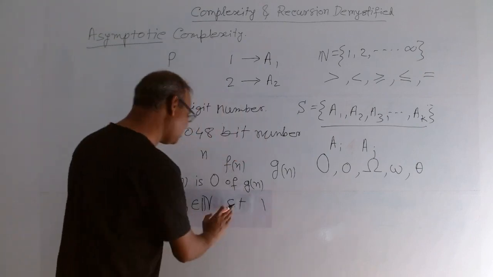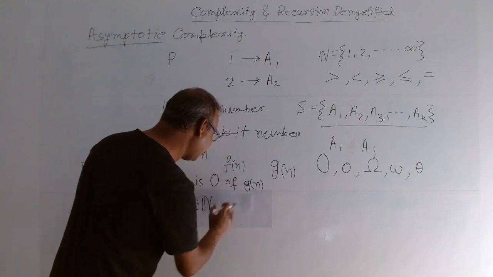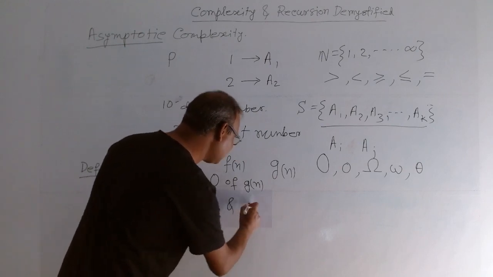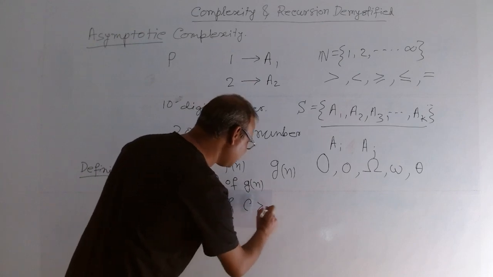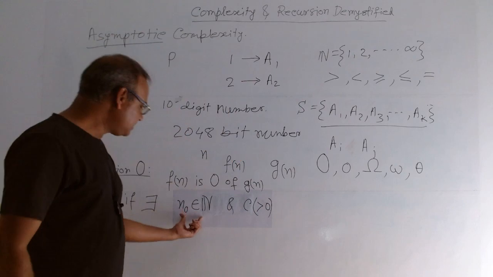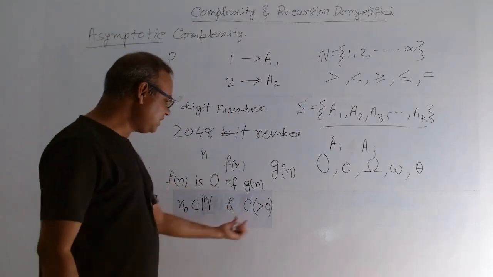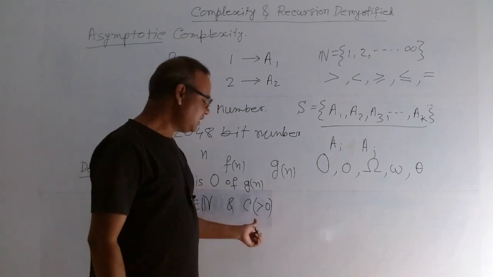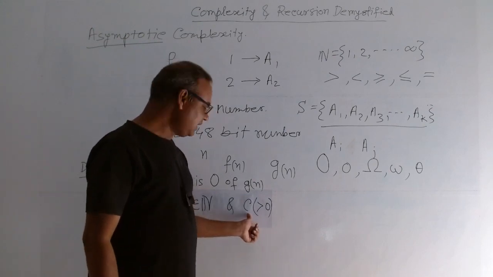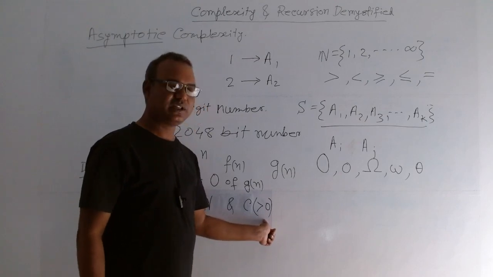we need one more thing, and a constant c greater than 0. If we have a fixed natural number and some constant c, c is a real number, and the only condition is c must be positive. It should be greater than 0, nothing else.